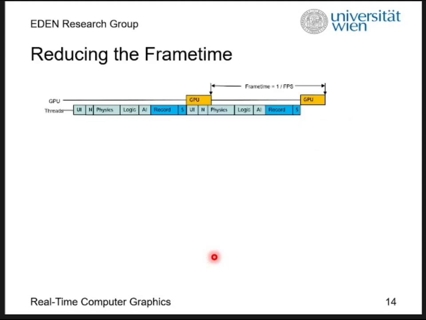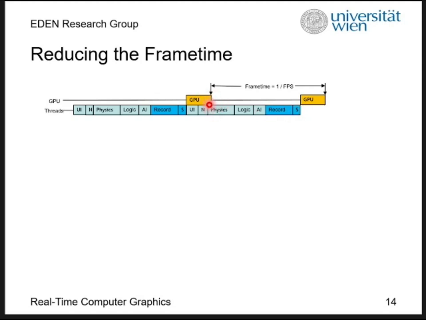So why is parallelism such a good idea? Let's have a look at this frame here. This would be a single-threaded game, and we have to do a lot of work, and then we record stuff, and then we submit it to the GPU, and then the GPU would work on it. While the GPU is working, we can actually start on the next frame and do the same thing.